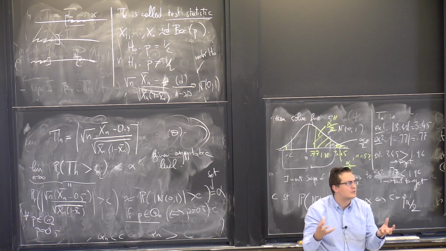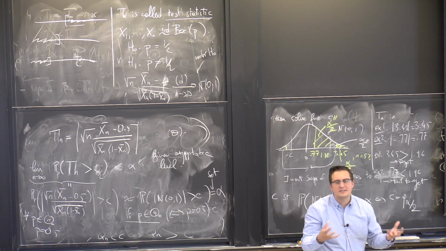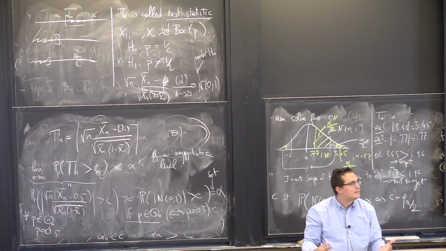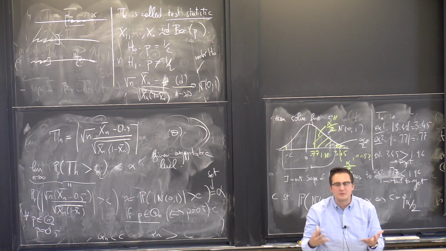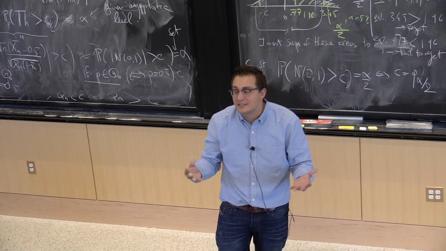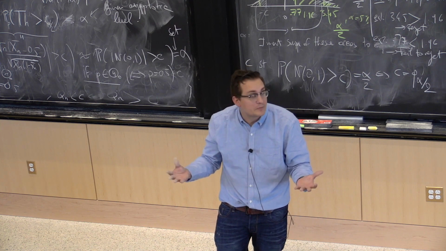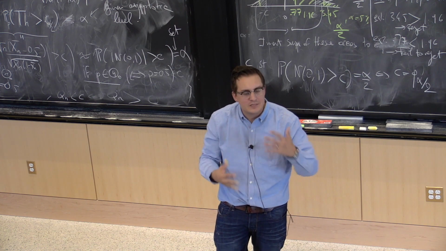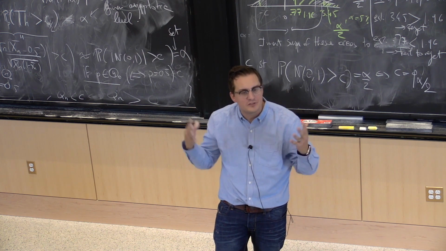But if I had another random variable that was not Gaussian, maybe a double exponential, you would have to have another scale in your mind. Is 3.45 so large that it's unlikely to come from a double exponential? Or if I had a gamma distribution. I can think of any distribution, and then for each distribution you would have to have a scale in mind.